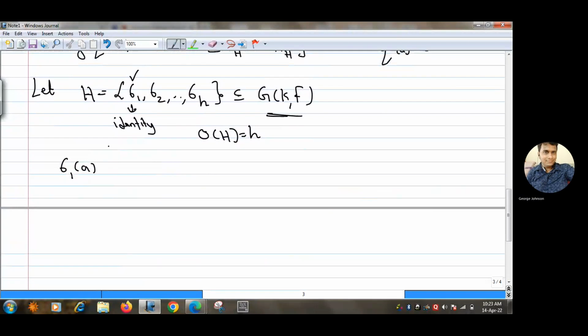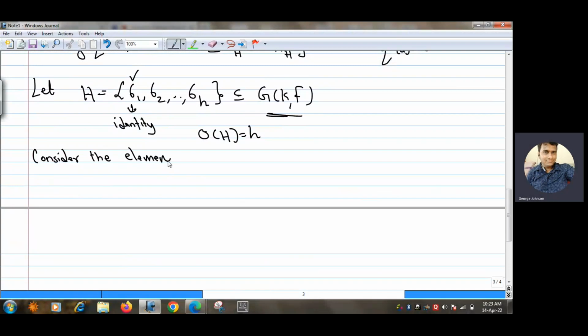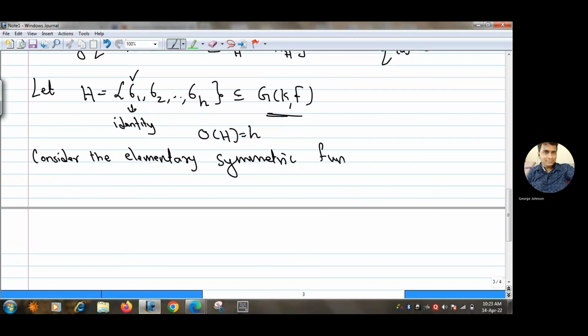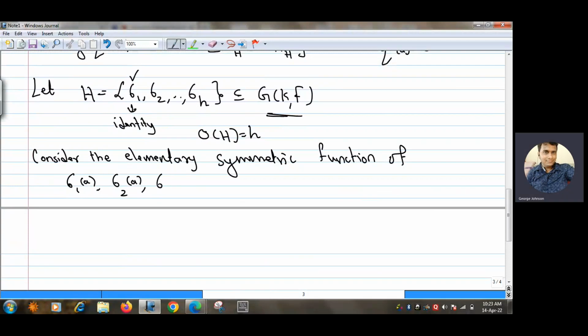So let us consider the elementary symmetric rational functions of sigma 1(A), sigma 2(A), sigma 3(A), and so on up to sigma h(A). The first of these will be nothing but A, because sigma 1 is the identity.